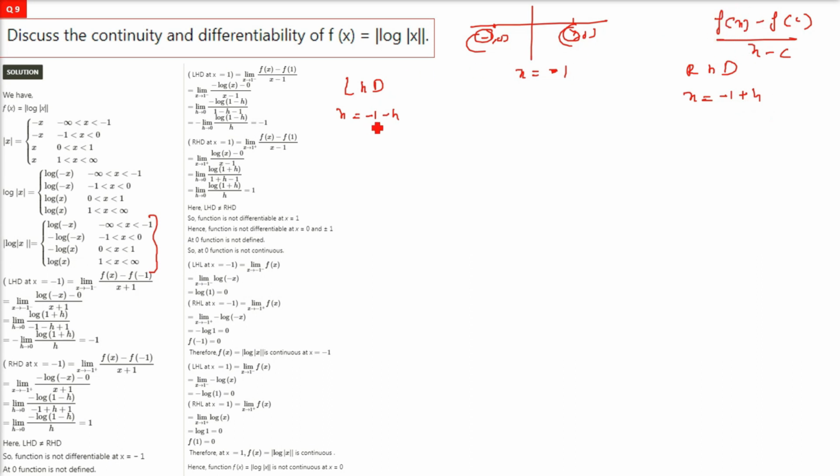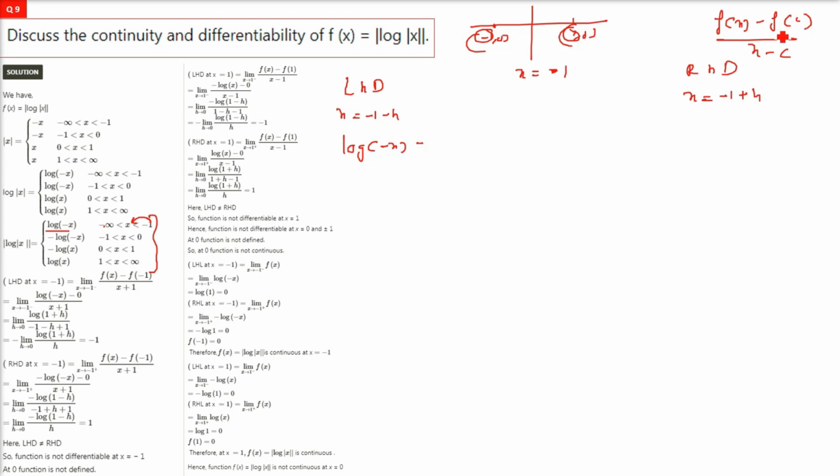Going to the left of negative 1, you have to follow this interval. So what function do you have to use? Log minus x. I hope you got this idea. Log minus x, that is why we have replaced x with minus x.